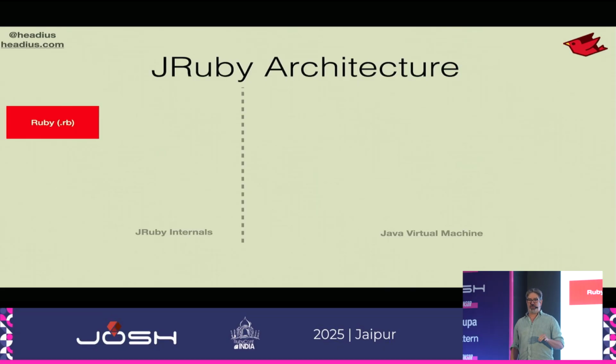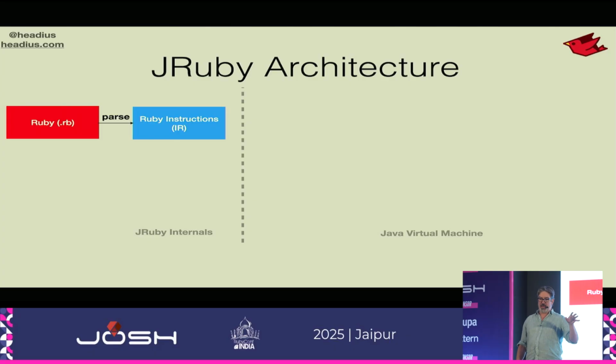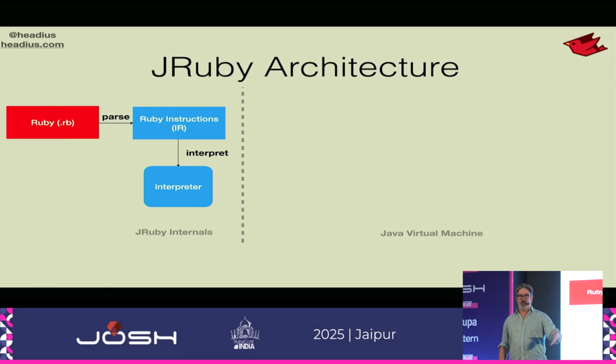So a little walkthrough of the JRuby architecture here. We've got our Ruby code coming in on the left. That parses down into a Ruby AST, like we saw in the talk yesterday. We compile that into our own internal instructions, our own intermediate representation. From there, we interpret our instructions for a little while, and then once that code gets hot and interesting and we realize it needs to optimize, then we pass it off to the JVM.